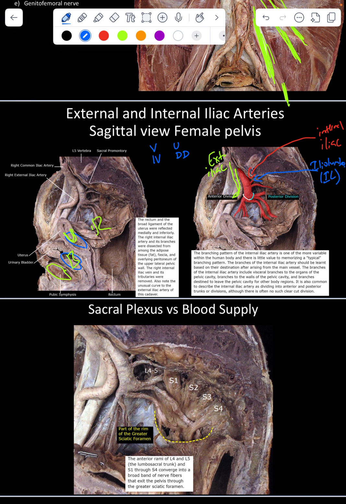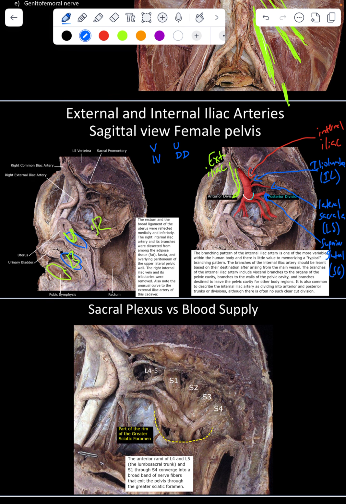The one going laterally to the sacrum is lateral sacral. And these are all arteries, so I'm going to put A dot. Or I'm going to say LS. And then the last one going to the back, specifically to your glutes, is superior gluteal, or SG.